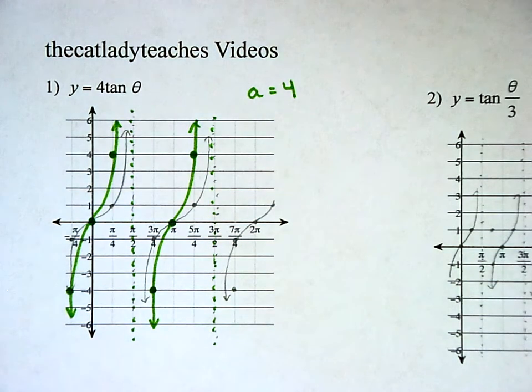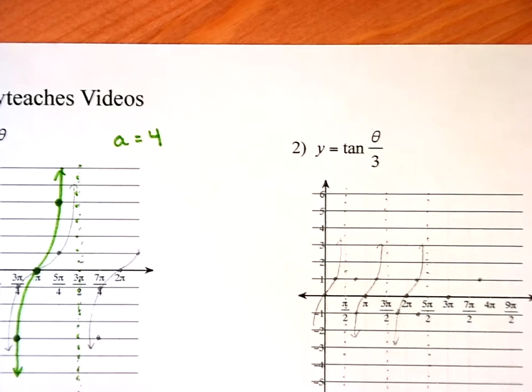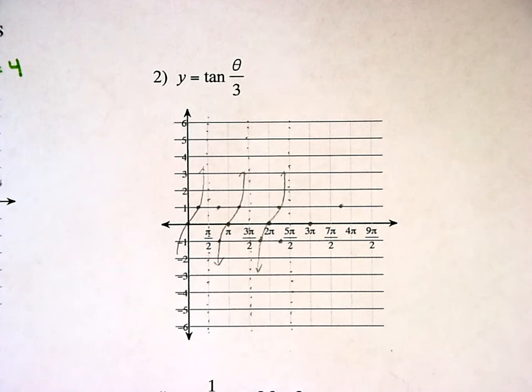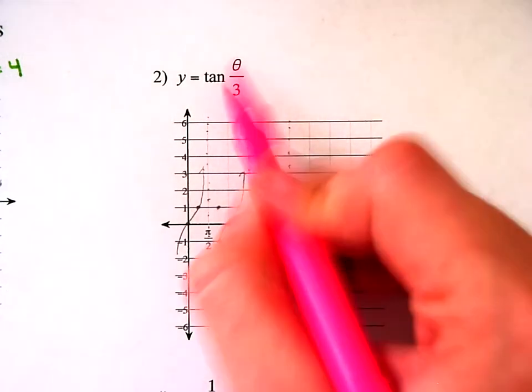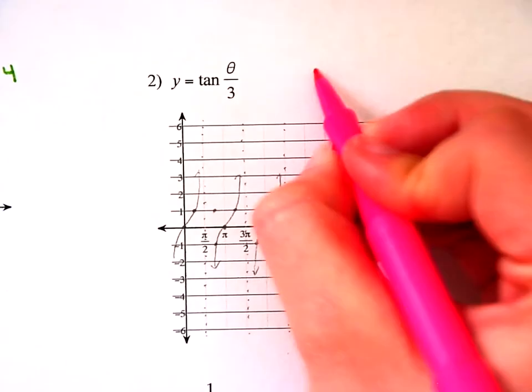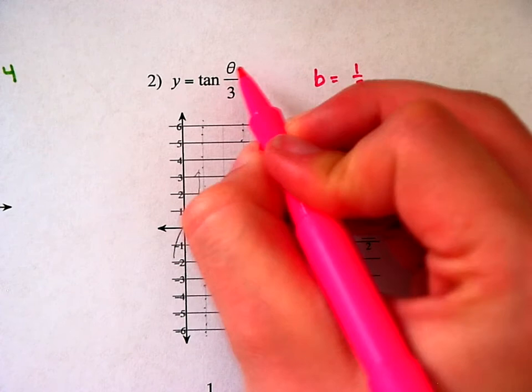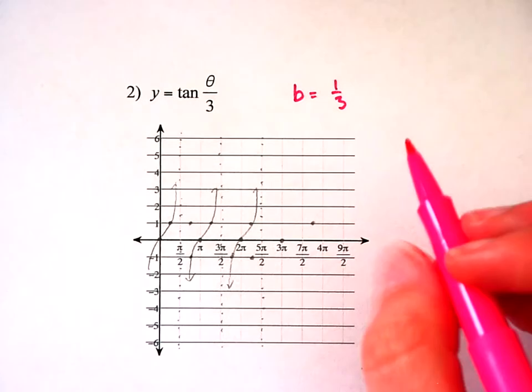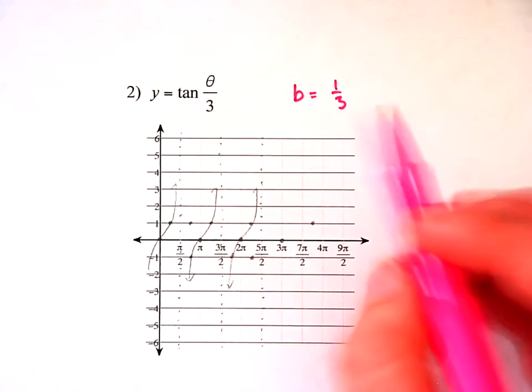All right, the next type of transformation we have seen and will do is our horizontal stretch or compress. And that's when we change our b value right here. So our b value is 1/3, so it's theta divided by 3. And remember, to find our new period, we take the old one and divide by b.